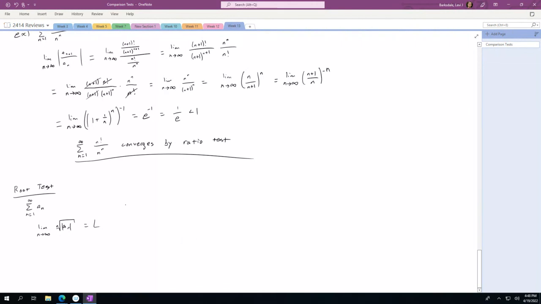And the rules are actually the exact same. If L is smaller than 1, then our series is absolutely convergent. If our L is larger than 1, then our series is divergent. And if our L is equal to 1, then it is inconclusive.